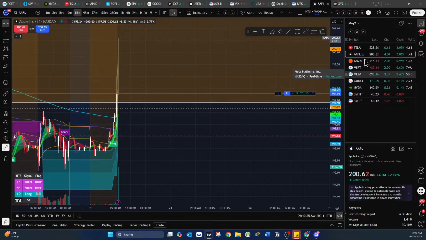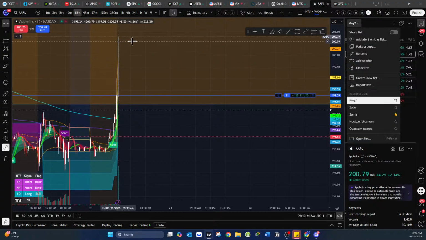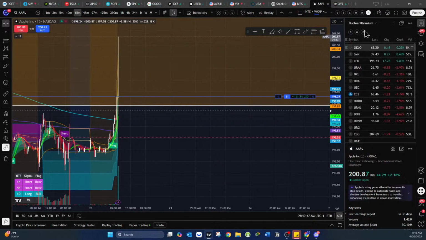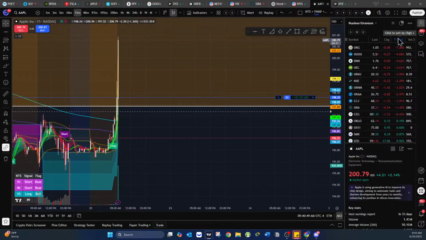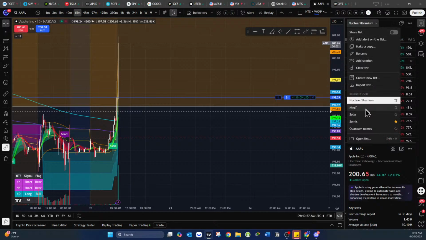All right, all the Mag 7's green so far today. It's kind of hard to short this, man. This is a monster right now, Apple. OKLO is a huge name we traded earlier this year.